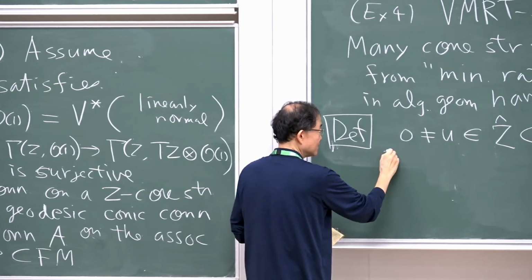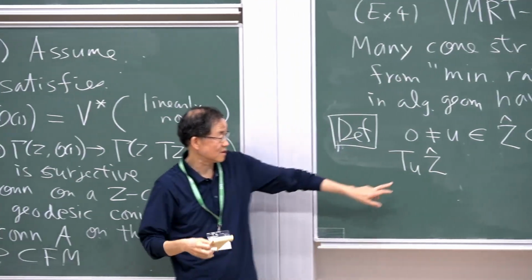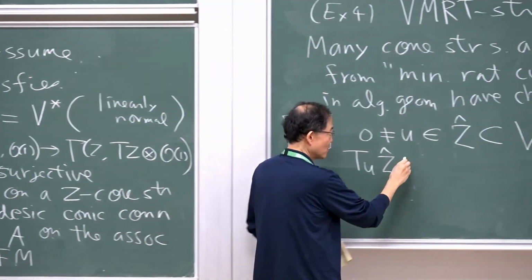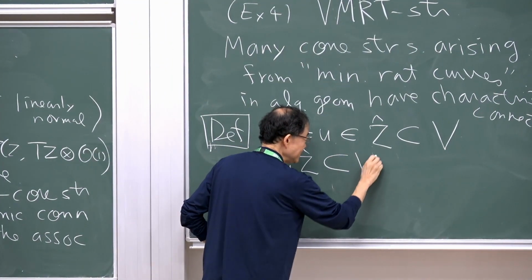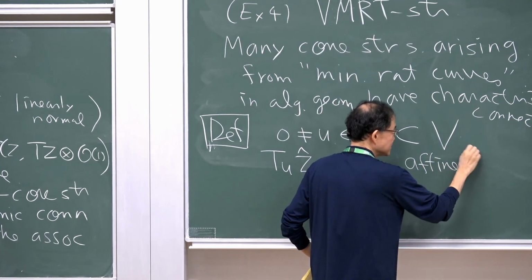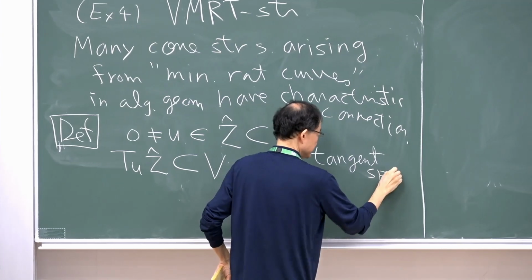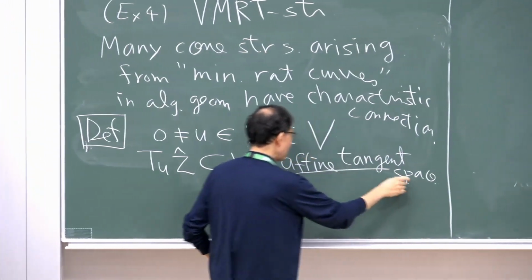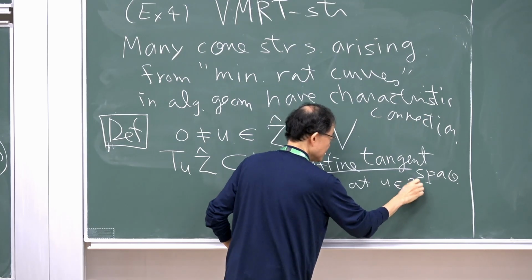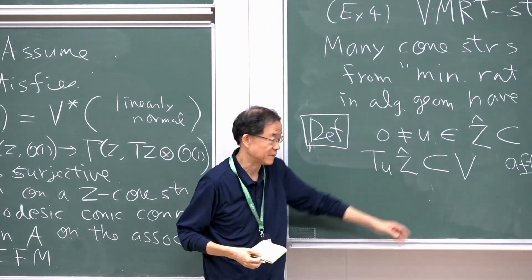We denote by T_u Z hat the tangent space of the affine cone at the point. This is now a linear subspace in V, and it is what in algebraic geometry is usually called the affine tangent space at that point; we regard it as a linear subspace of the vector space.